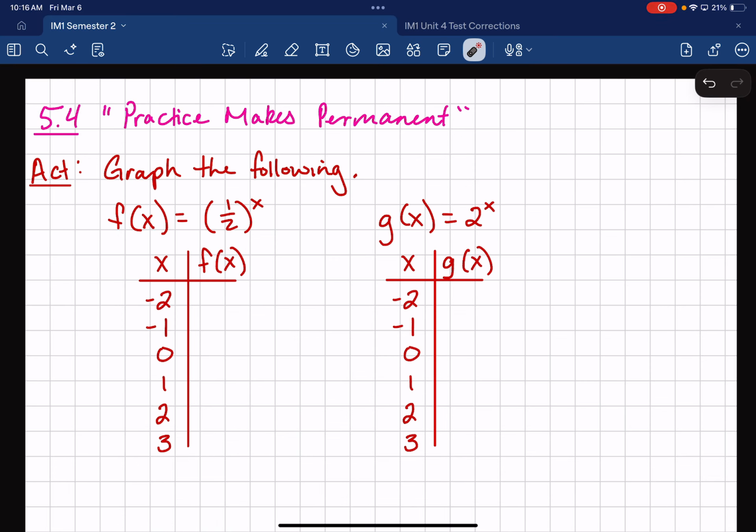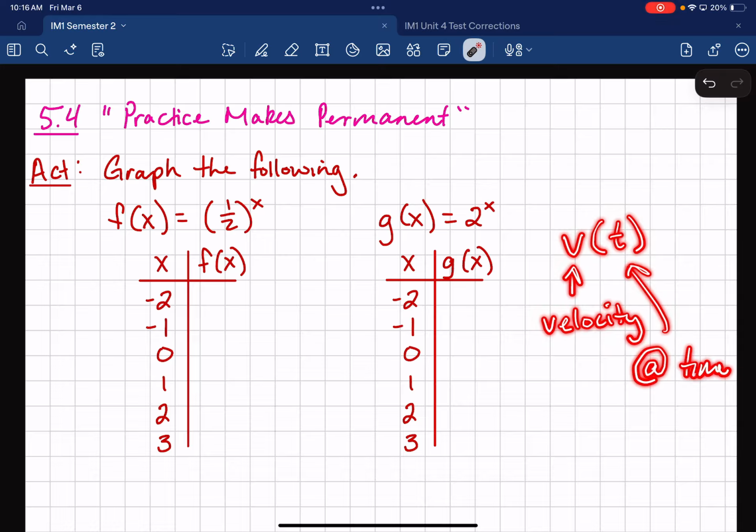When we see this function notation here, f of x and g of x, same thing. You can replace that first thing with any letter you want. Typically, when you see a function, you're going to see f, g, or h. You can put other ones there, like v of t is the velocity at time whatever.